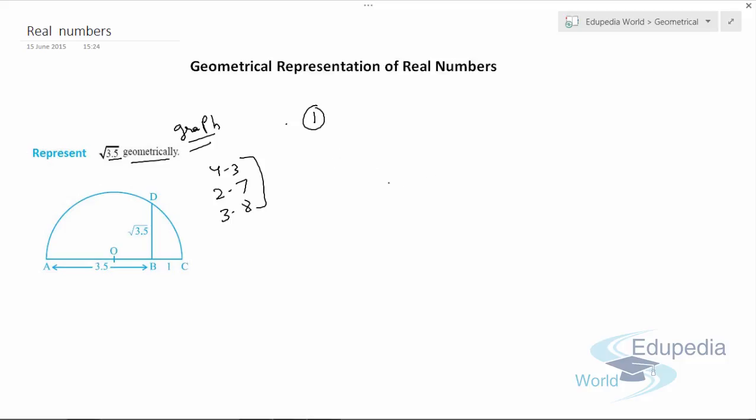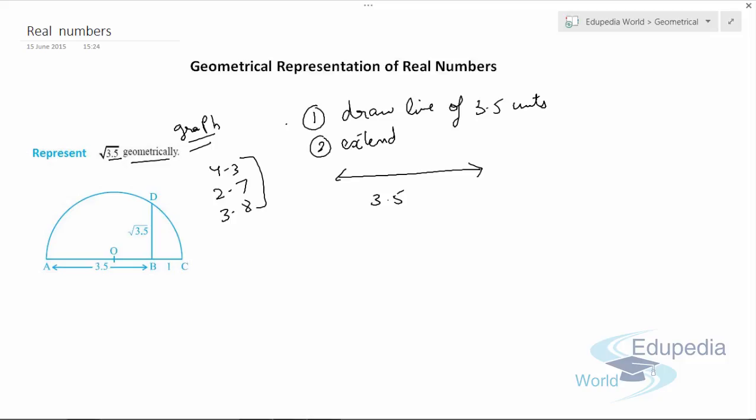What we have to do is draw a straight line of 3.5 centimeters, any units. Then the next step is we have to extend this line by 1 unit.